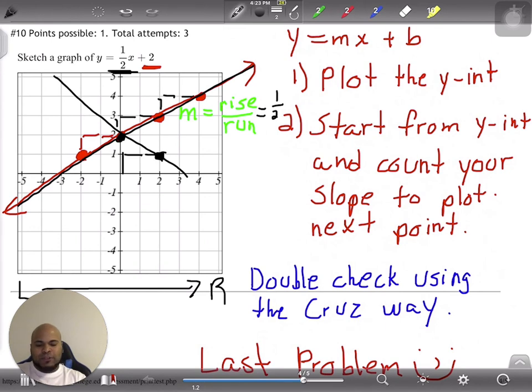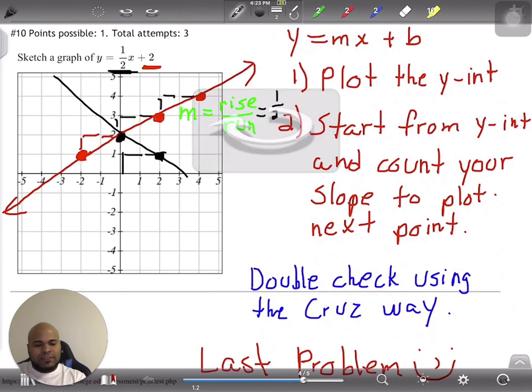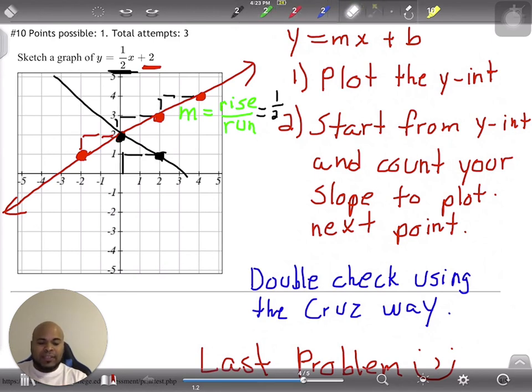So if you go from left to right, that's going to go up. So it's consistent with my problem, because my problem has a positive 1/2. If I look at the line that I just plotted, with the wrong point, that has a negative slope. So always double check to see if it's increasing or decreasing from left to right, because that could save you a point in a test.